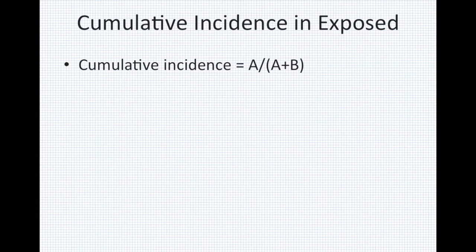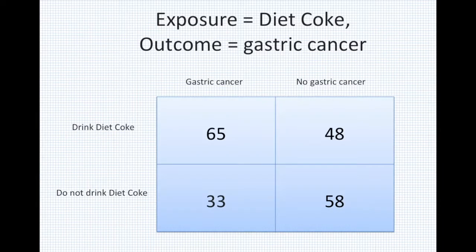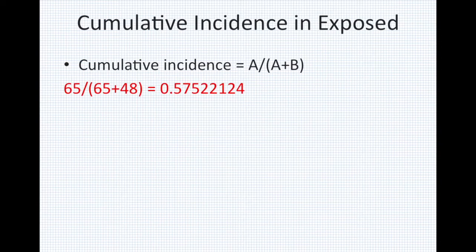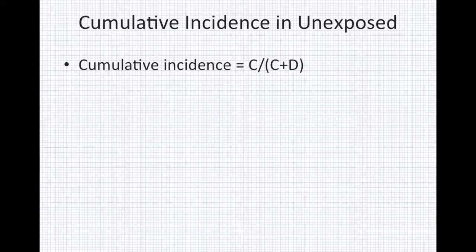Let's calculate the cumulative incidence in the exposed group. So as we mentioned earlier, the cumulative incidence is A over A plus B. So let's look at those numbers. So we would have 65 over 65 plus 48. Next, we need to calculate the CI in the unexposed group.